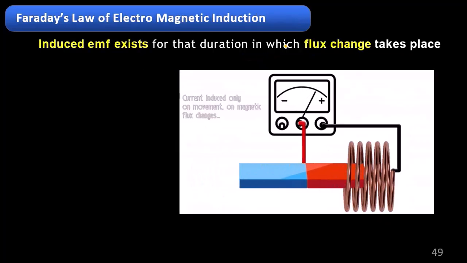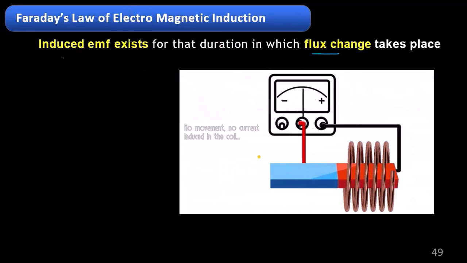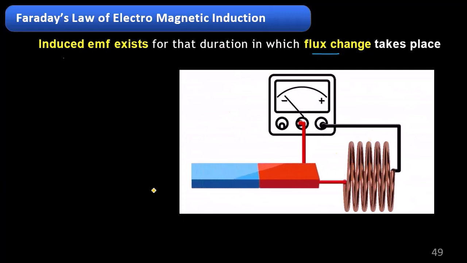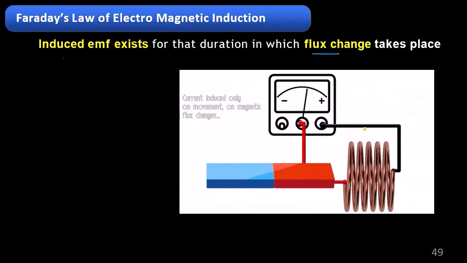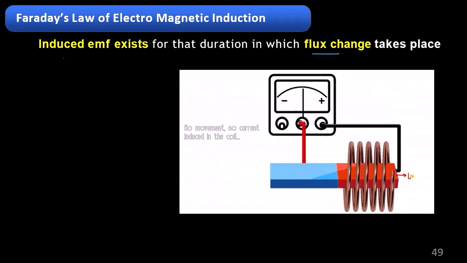Now, induced EMF exists for that duration in which the flux changes. Once I move the magnet inside this coil, if at some point I keep the magnet fixed inside the coil, that means I am not changing the position of the magnet. At this position, the velocity v of the magnet is zero. That means there is no change in the flux.